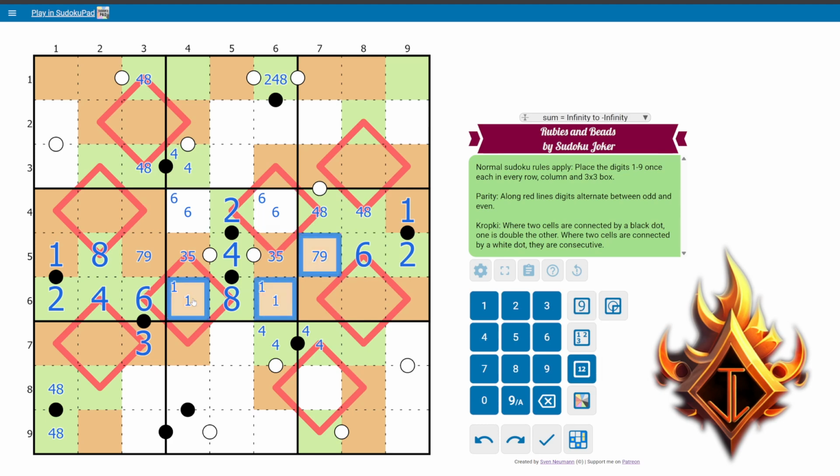This one, okay. And it'd still be 4. Yes, it could. This cannot be 3, 6, though. Can it be 1, 2?